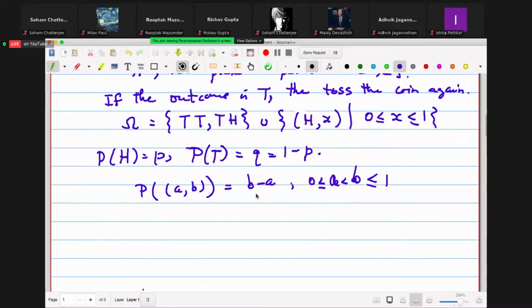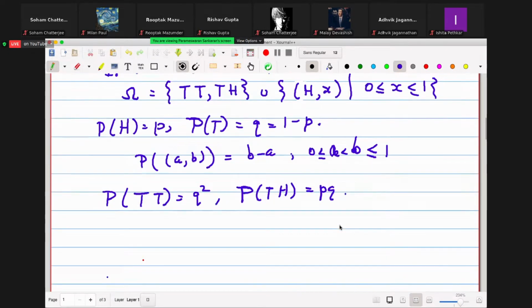And yeah, so what about something like TT, and so on? Just for illustration, I'll explain. This is Q times Q, of course, and the probability of TH is PQ. So these are the probabilities on omega for individual components.